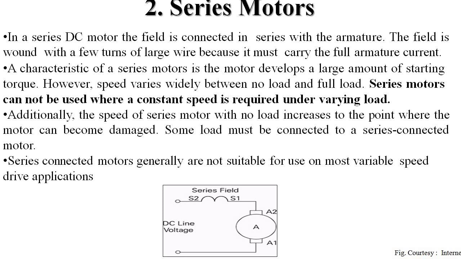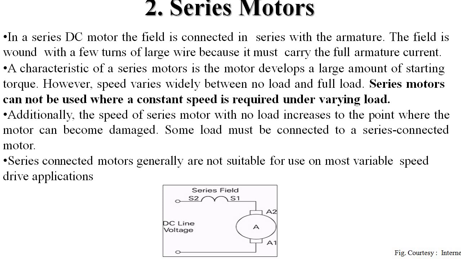Now in a series motor, electric power is supplied between one end of the series field winding and one end of the armature as shown in the figure. When voltage is applied, the current flows from the power supply terminals through the series coil or series winding and the armature winding.